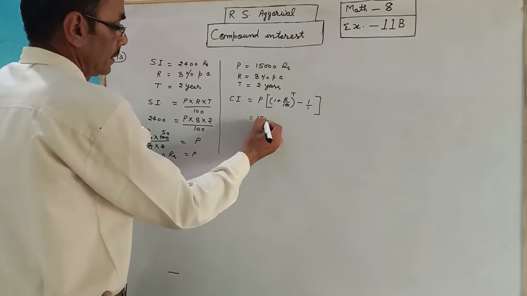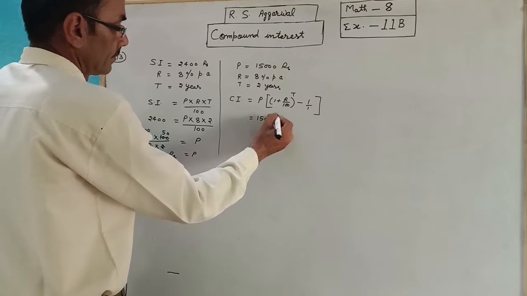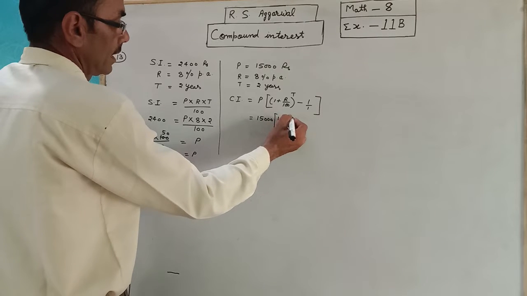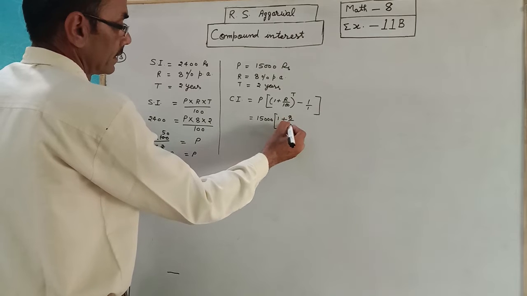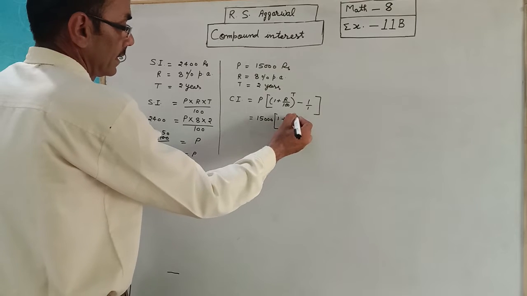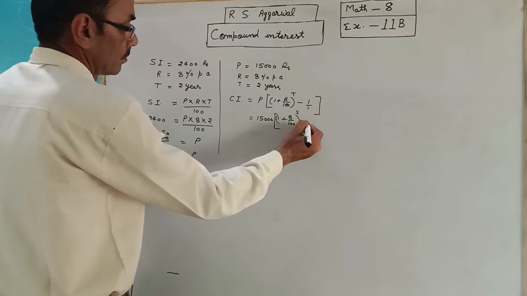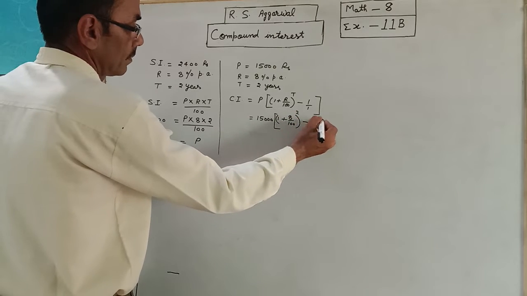P is 15,000, 1 plus R value is 8 upon 100 has power 2 minus 1 upon 1.